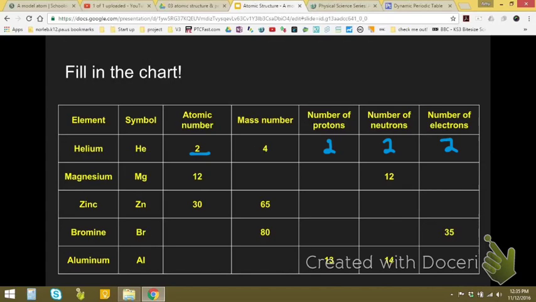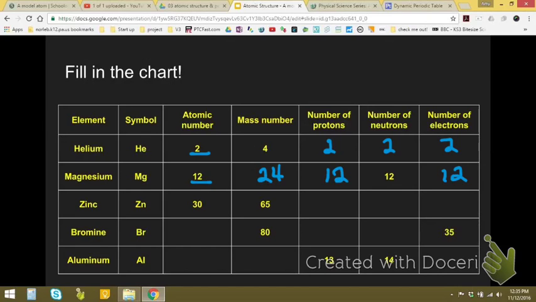So if the neutrons are equal to 12, that means our mass number is 24, because to get mass number, you need to add protons plus neutrons to get mass number. Atomic number is going to be equal to the number of protons. Mass number is protons plus neutrons, so we get 24. And then to make the atom neutral, we have to have the same number of electrons as we do protons.